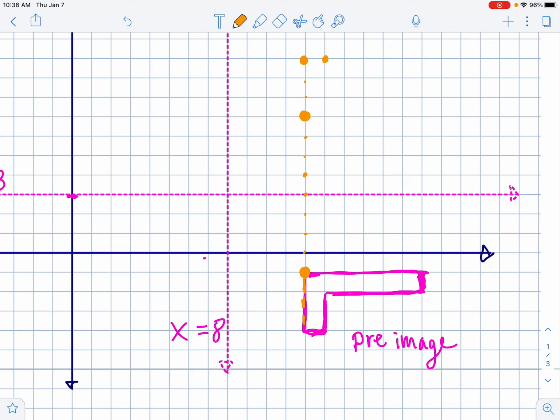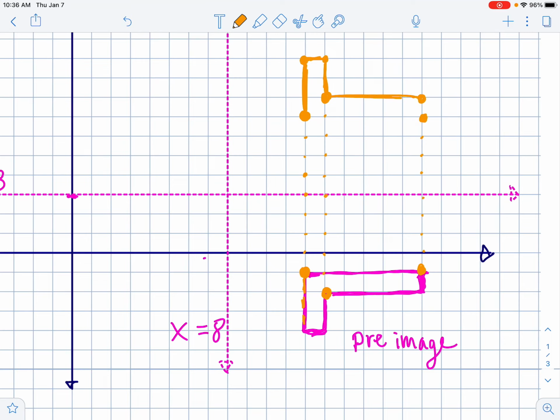Also, all of this is the same distance away, so this corner right here is going to be 1, 2, 3, 4, 5 units away from the mirror, so 1, 2, 3, 4, 5. We know it's going to be right here. Then this spot is 1, 2, 3, 4 away. So I go 1, 2, 3, 4 on the other side. And then one more unit. Now I have all the sides of this L that I can connect.